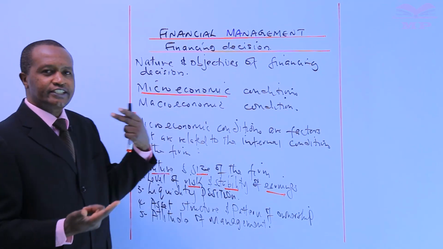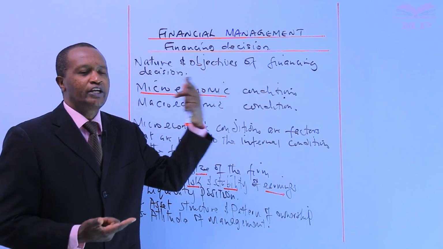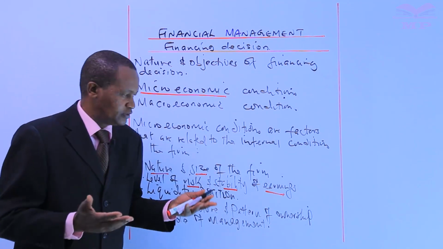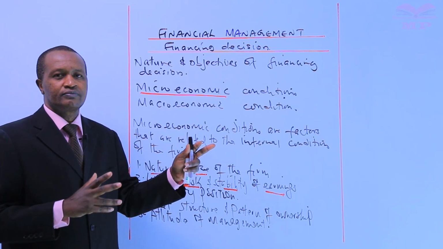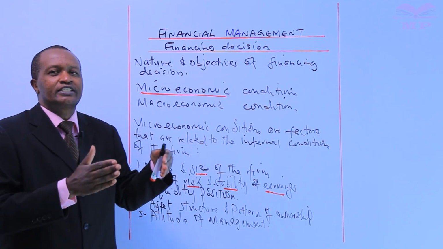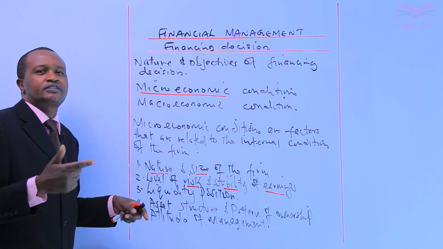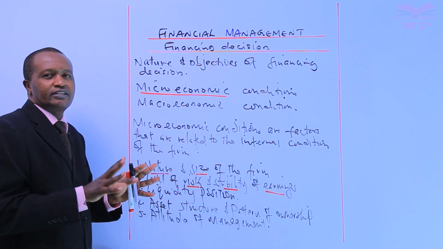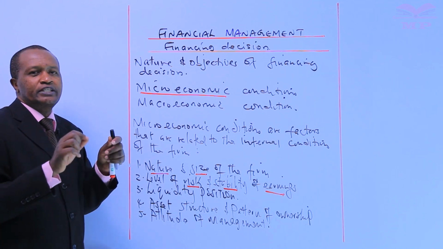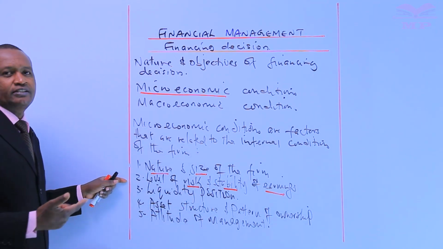Again, if risk is higher or if income is not stable, risk being higher means unstable income, then the finance manager tries to impress the shareholders for more retention of earnings rather than adopting a liberal dividend policy.